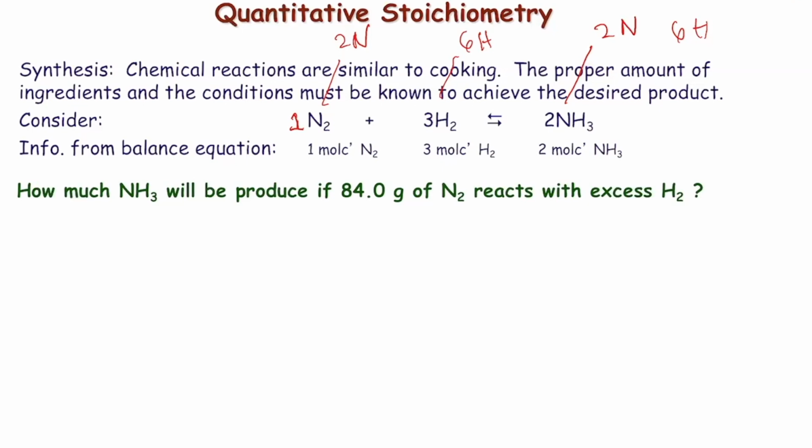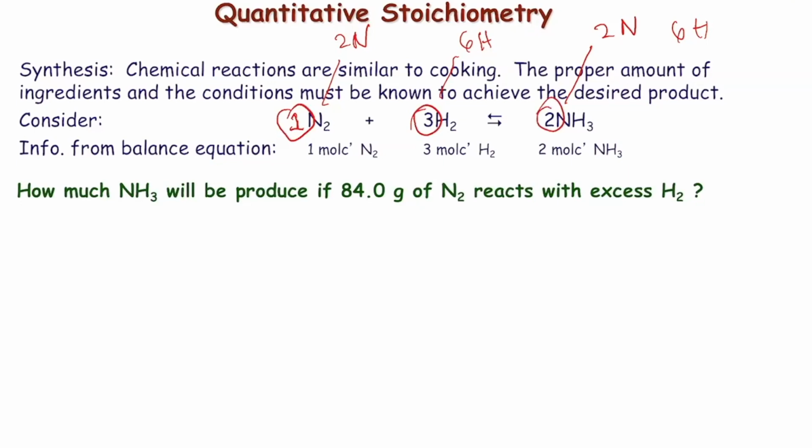Yeah, that's great if we're dealing with molecules, but I don't want to deal with molecules. I want to deal with the gram quantity, the macroscopic scale. The macroscopic scale deals with grams. So in order to go from molecules to grams, I need the mole. The mole is a magnifier. So these numbers right here also represent something called the mole ratio.